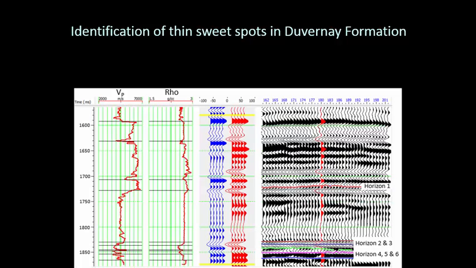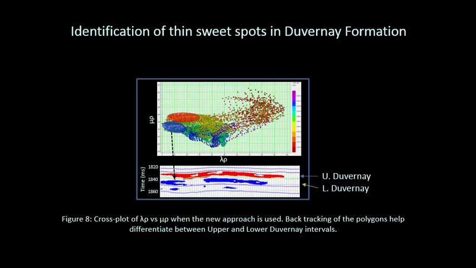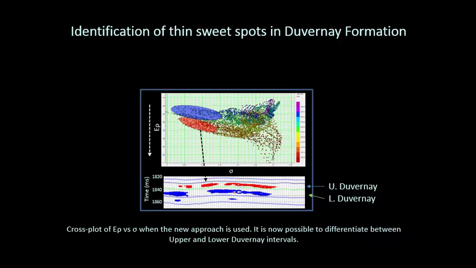Thin zone here. And after I do this, Mu-rho and lambda-rho I calculate, and now I pick up these zones. Notice I have something in the upper Duvernay zone, which I was missing in the earlier one. Similarly, if I have E-rho and sigma, again, I have something there, and I can populate that.